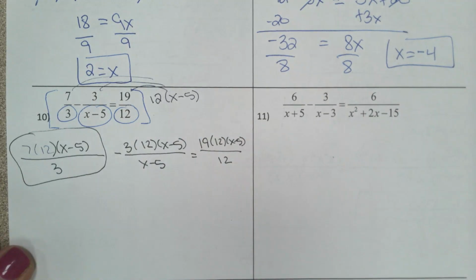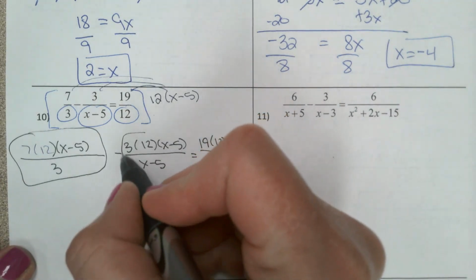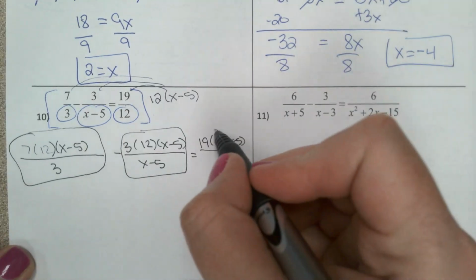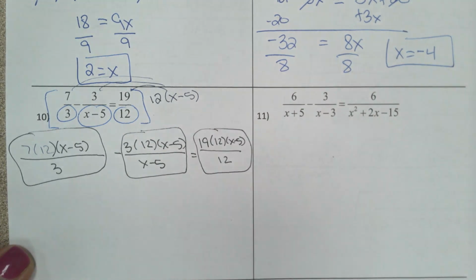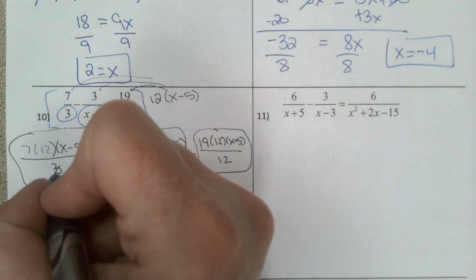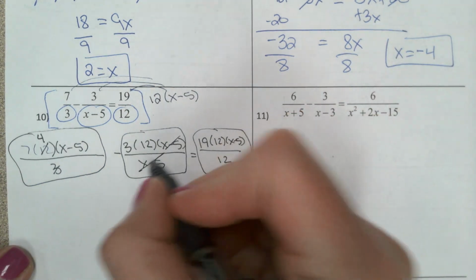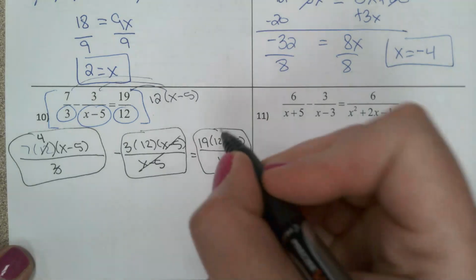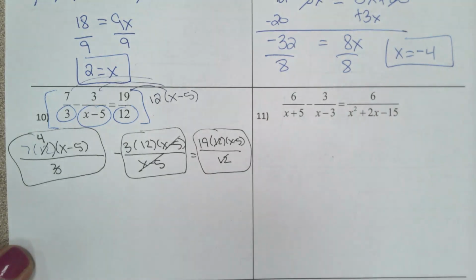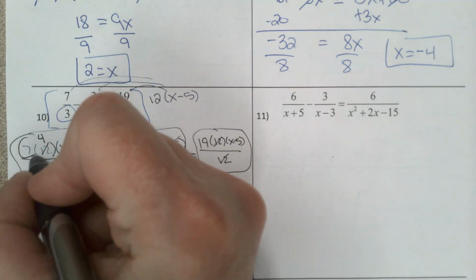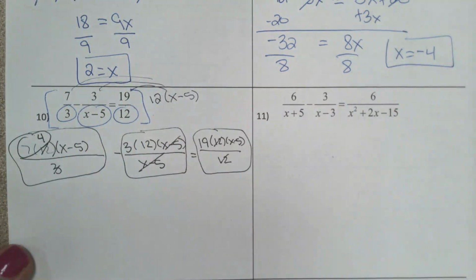So that first fraction reduces. The second fraction you're going to reduce, and that one right there. So here, 3 goes into 12 4 times, so that's the only thing I'm going to reduce there. In the second one, it's the x minus 5 that cancels, and in the third one, it's the 12 that cancels.